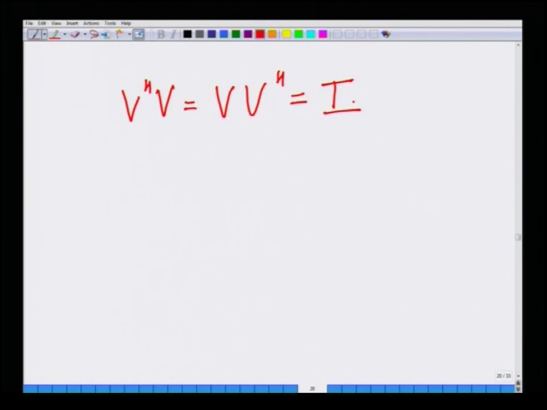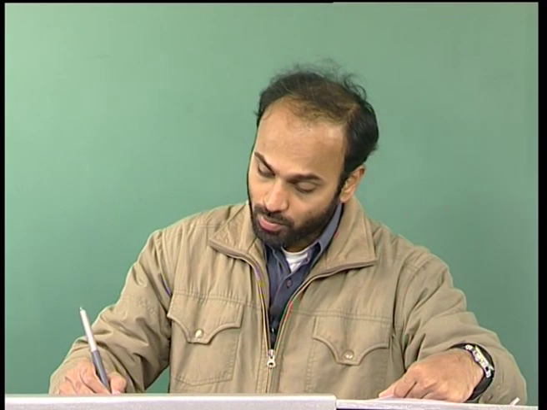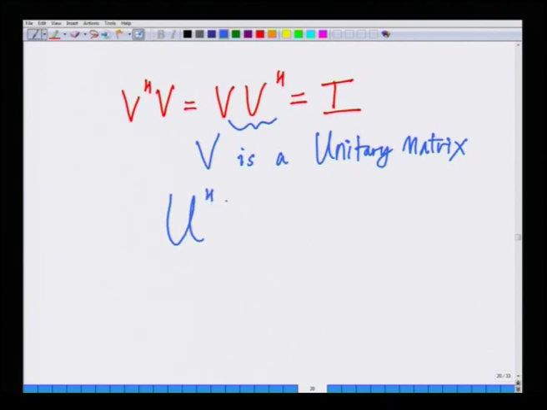So, we have the following property: V Hermitian V equals V V Hermitian equals identity. V is known as a unitary matrix, while the matrix U satisfies the property that U Hermitian U equals identity.